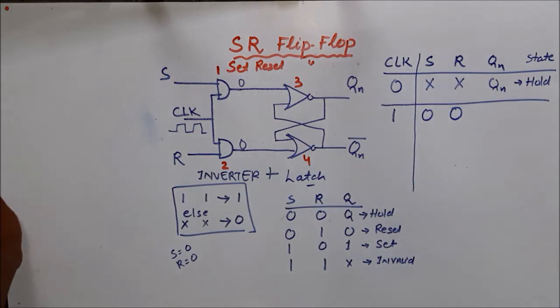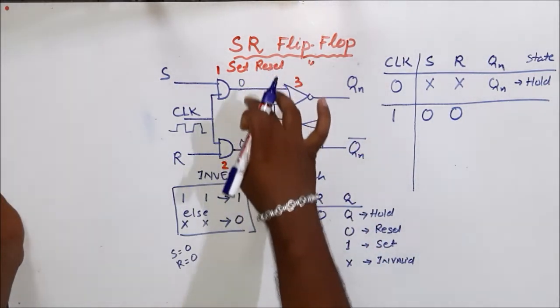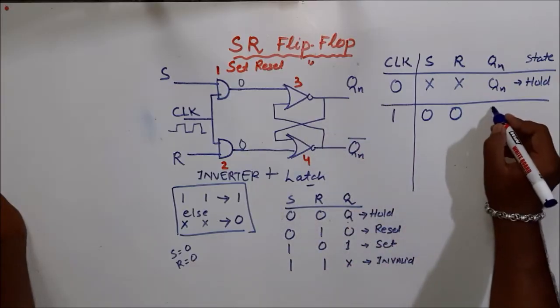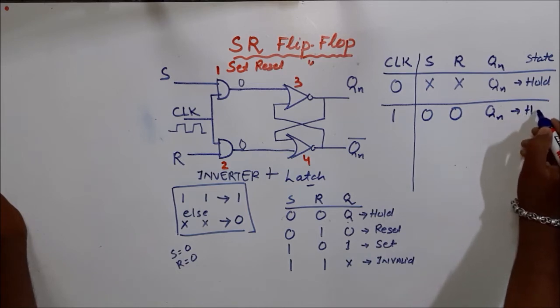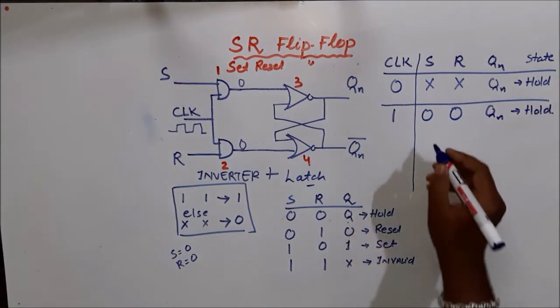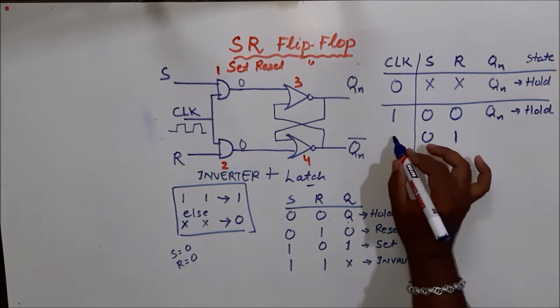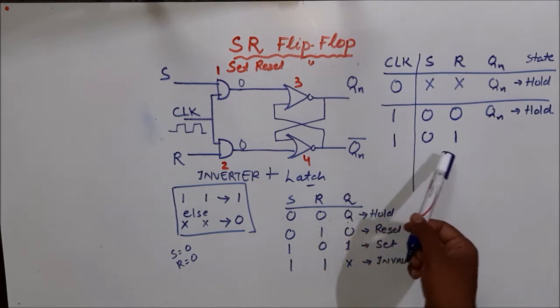In the latch truth table, when there are two 0s at the input, Qn will remain Qn. This is also a hold state. Then we'll make S 0 and R 1, and my clock is always 1 now.